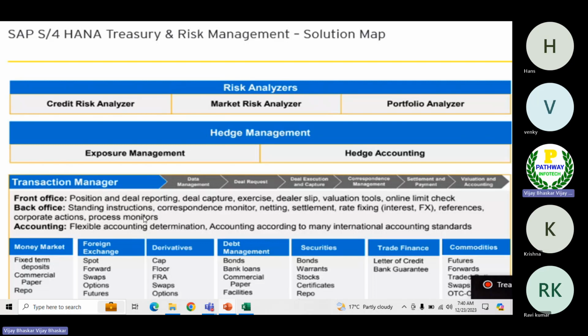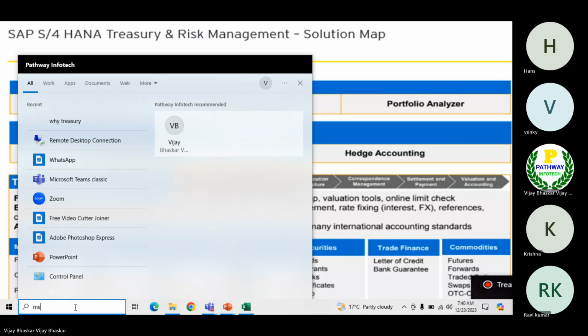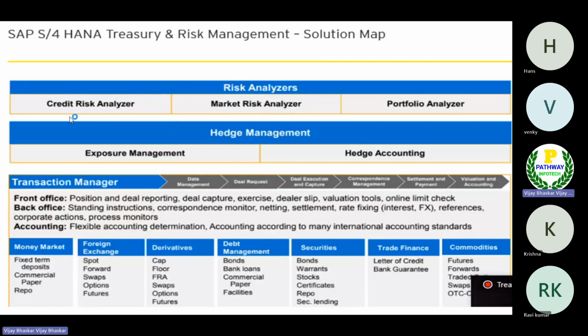Back office activities: standing instructions, correspondence monitor, netting, settlement, rate exchanges, corporate action process monitors. Then accounting: flexible accounting determination, accounting documents, and international accounting standards. Now we have seen about transaction manager. Let me show you in practice in the system so that we can understand.